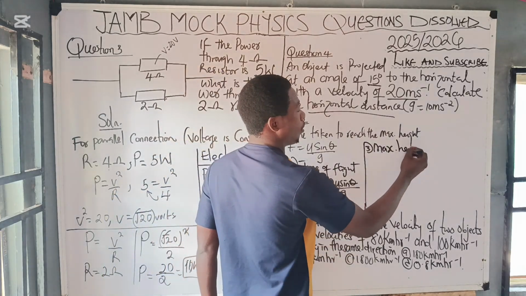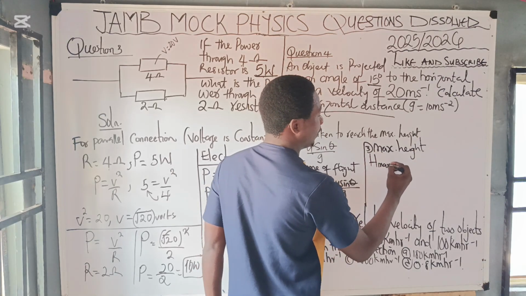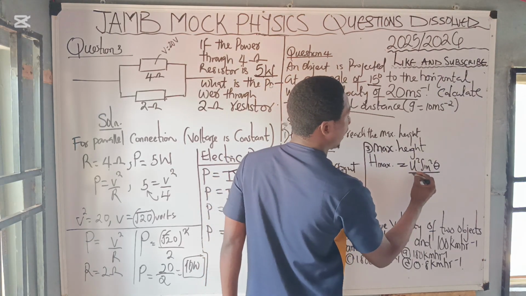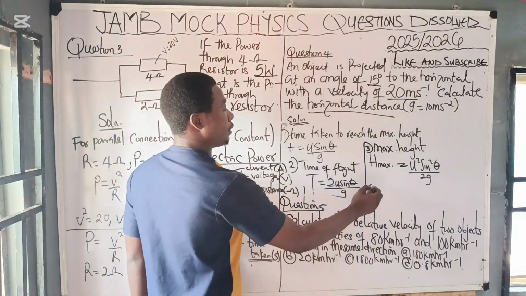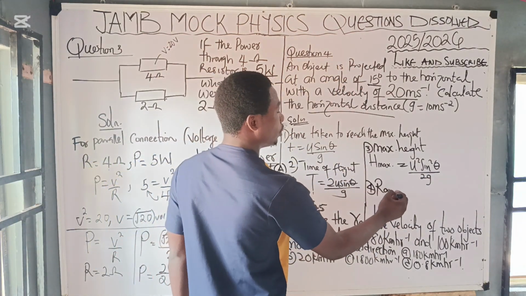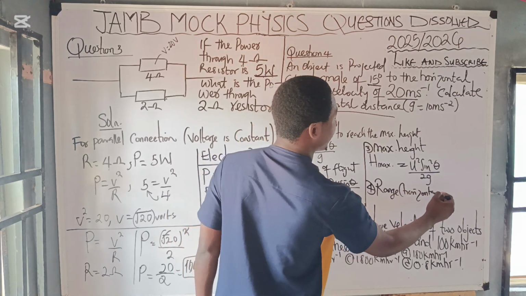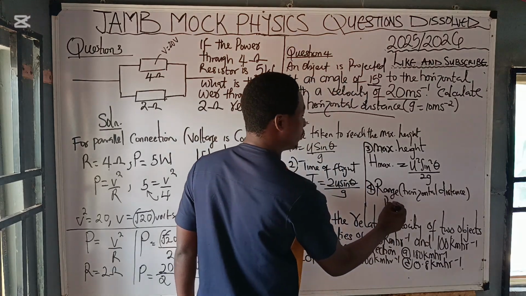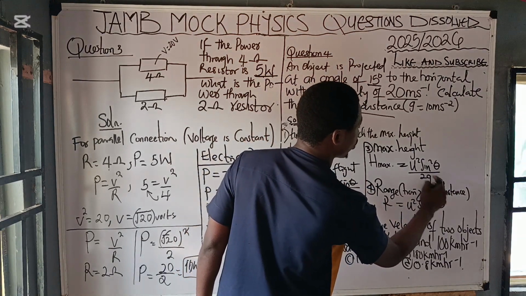If you are looking for maximum height, what is the formula? Your maximum height formula is equal to u squared sine squared theta over 2g. This is your maximum height. Now, if you are looking for range, your range is also referred to as the horizontal distance. Don't forget that. So range is equal to u squared sine 2 theta, not squared.